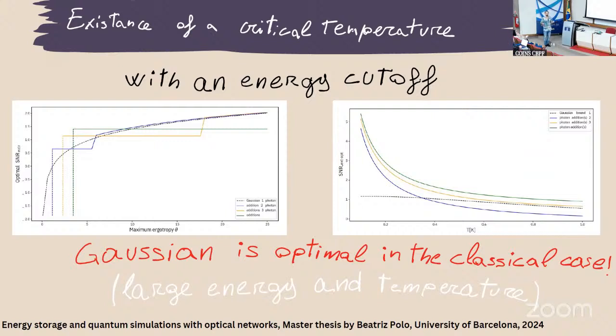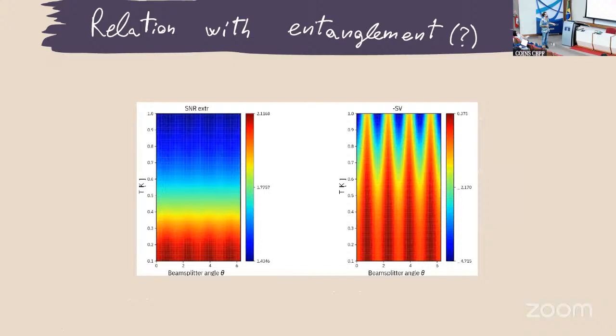Then when we increase the temperature a bit, we have to optimize, using the variational algorithm we showed before, over the non-Gaussian and the Gaussian operations to find the optimal limit. And then we wanted to see, the initial motivation was to see if the entanglement gives an advantage.